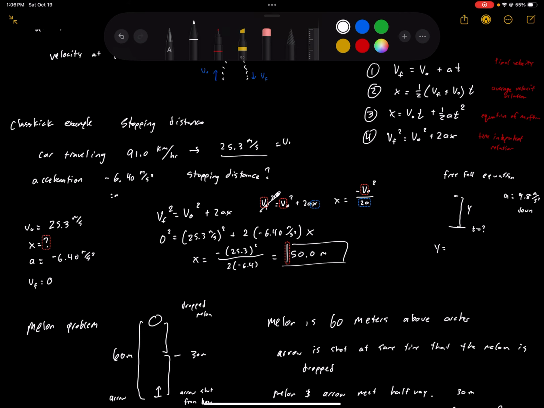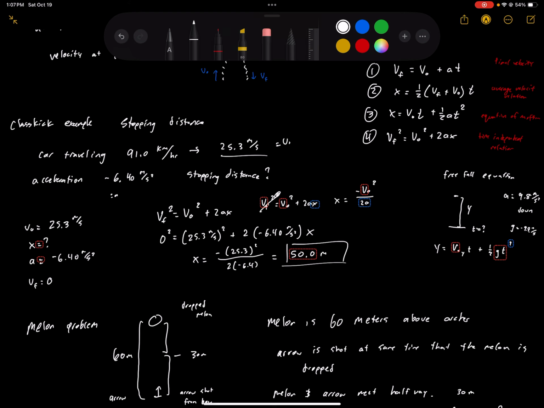Okay, so instead of x equals v naught t plus 1/2 at squared, I'm going to use y. So y is equal to v naught y t plus 1/2 g t squared. Okay, so this g being negative 9.8, calling down negative.